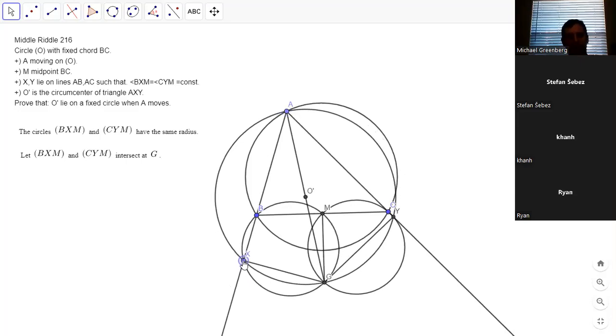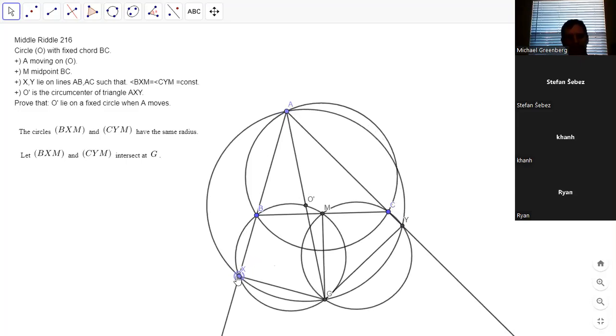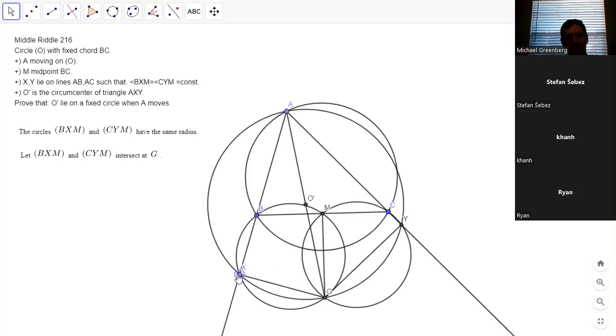Well, okay, so if X and Y were fixed, then when I move A, yeah, the problem is if X and Y were really fixed, then when I move A, G would stay the same point. I see what you're saying.